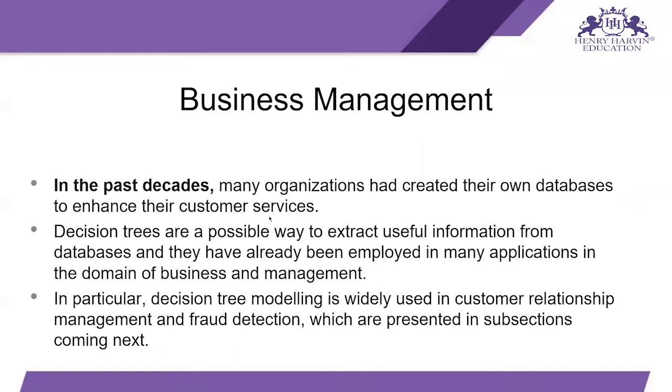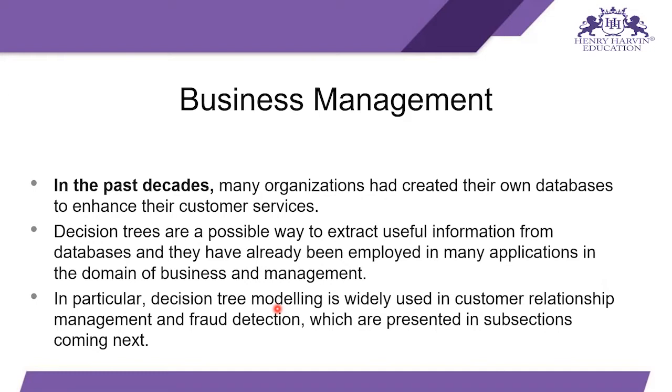So basically, this decision tree is very useful to extract information from databases, and it is very easy to use. In particular, decision tree modeling is widely used in customer relationship management and fraud detection, which are presented in subsections coming next.